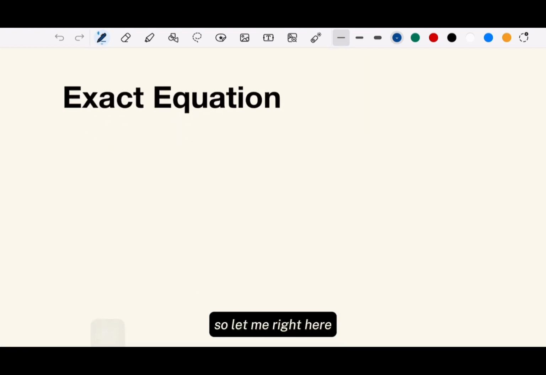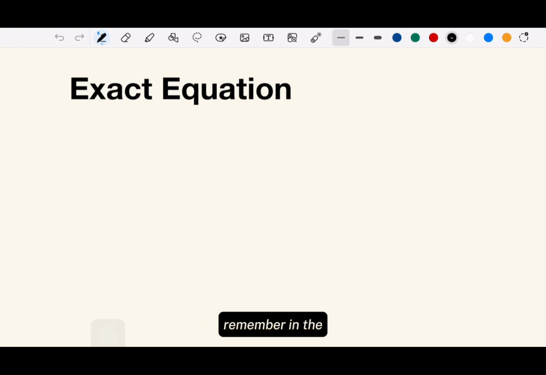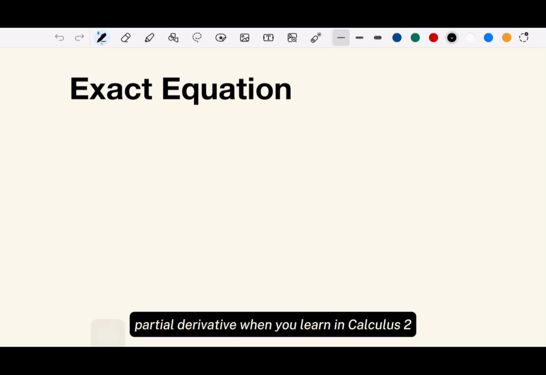So let me write here. Remember the partial derivative that you learned in calculus 2.